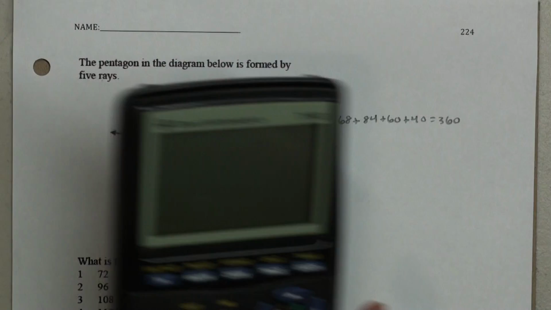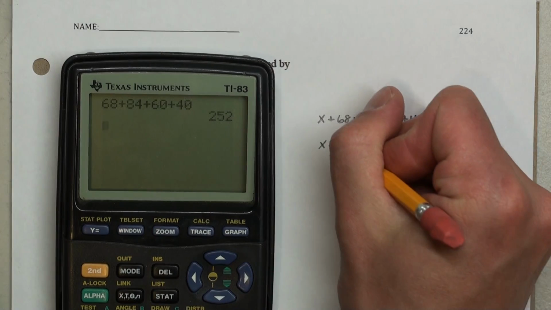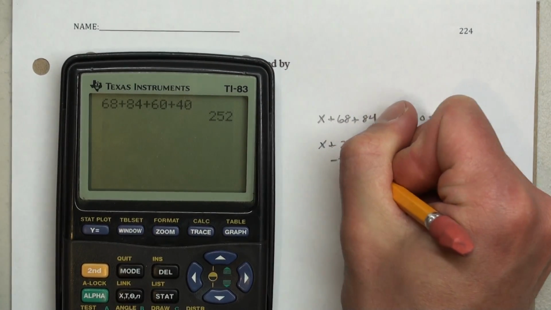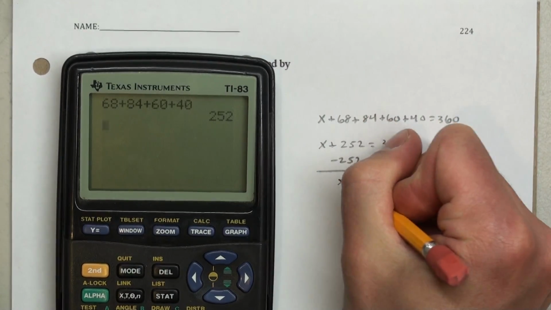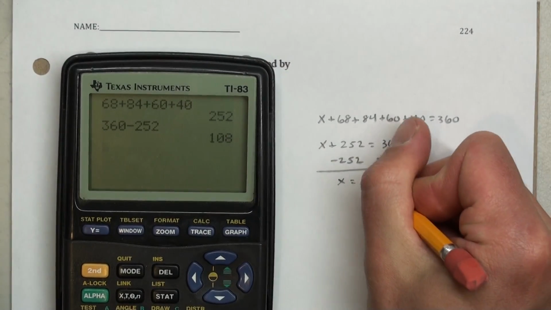So x plus 68 plus 84 plus 60 plus 40, x plus 252 equals 360. Subtract 252. X is 108.